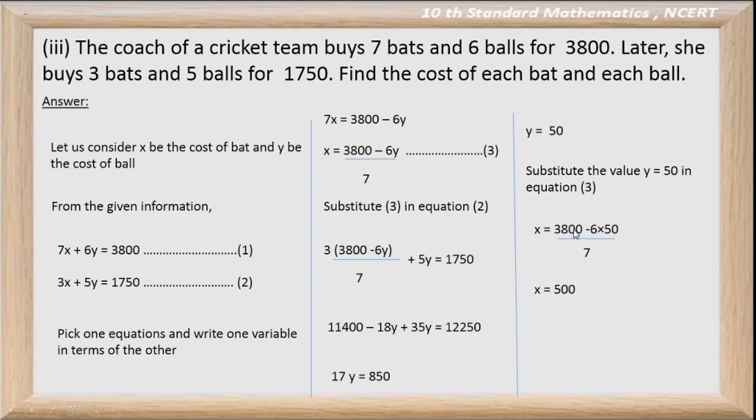Now 6 into 50 is 300. So (3800 minus 300) by 7. We will get that 500. Now the cost of a bat is 500 and the cost of a ball is 50.